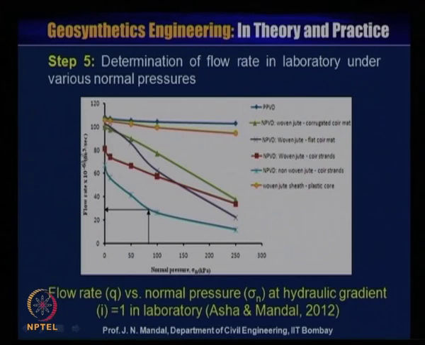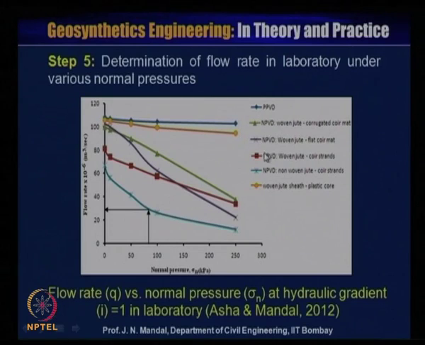These tests have also been performed under various normal pressures, maybe 50, 100, 150, 200, 250 and so on. So, for any particular normal pressure, you can directly determine what will be the flow rate of that sample.